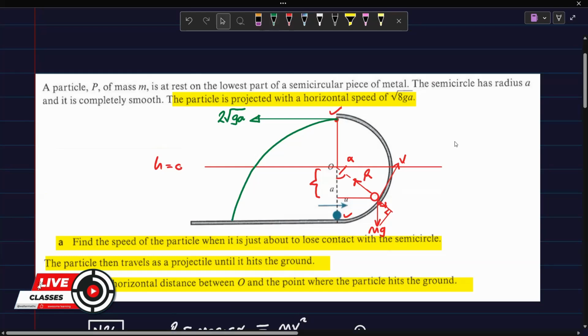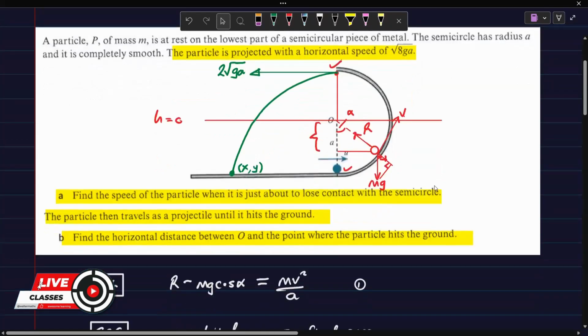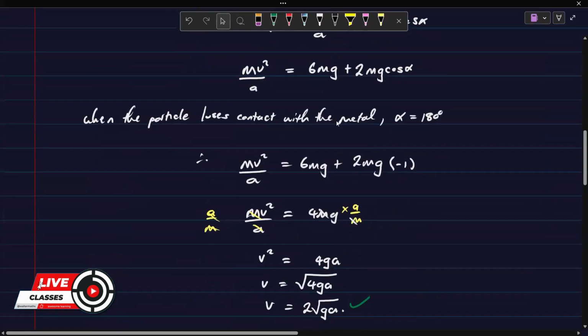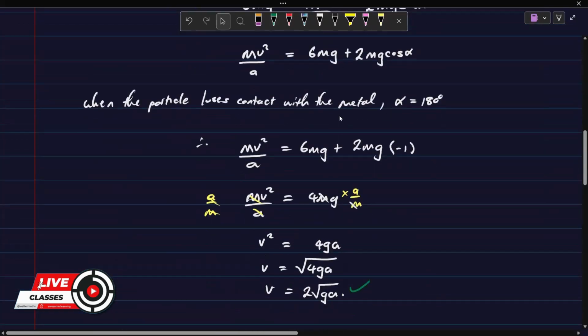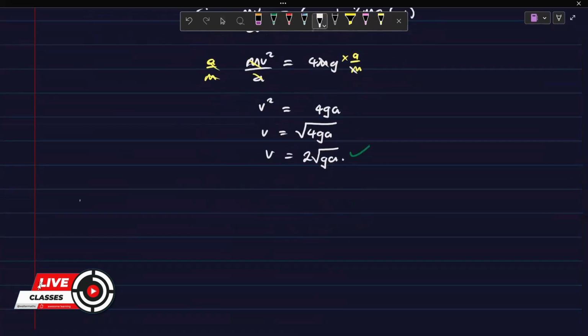All right. And at this particular point, it will have coordinates, all right? An x coordinate and a y coordinate, right? So we are going to make use of the equation of trajectory for that. So we're saying the equation of trajectory is y is equal to x tan theta minus gx squared over 2u squared of 1 plus tan squared theta.